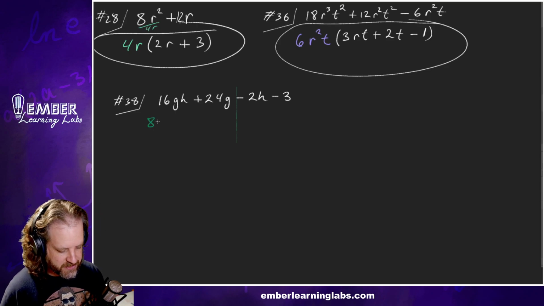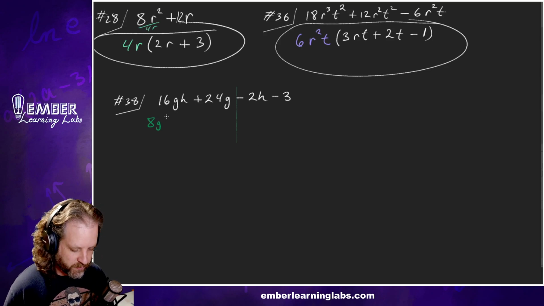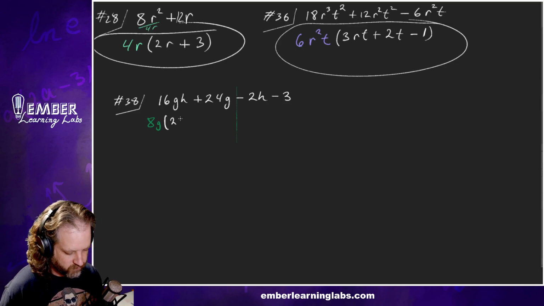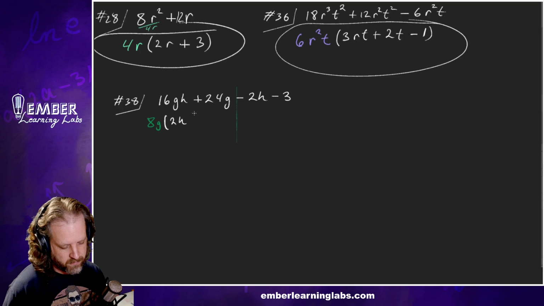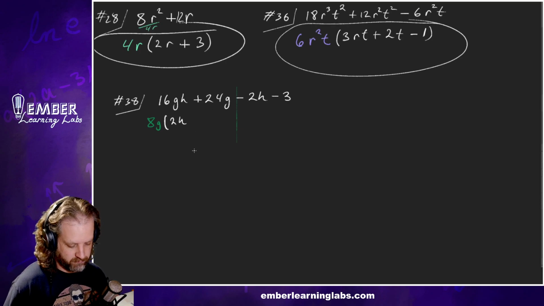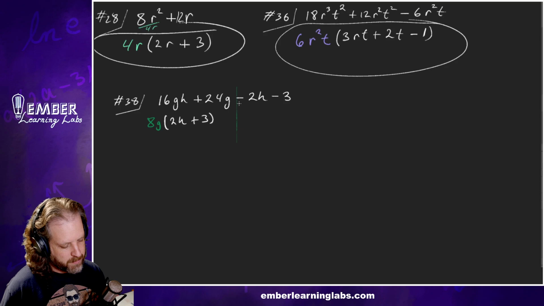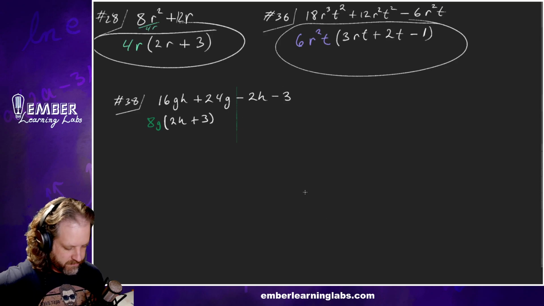So 8g is in common between these two. What's left when we pull out an 8g out of this first one? What about this second one? What about this back end over here?